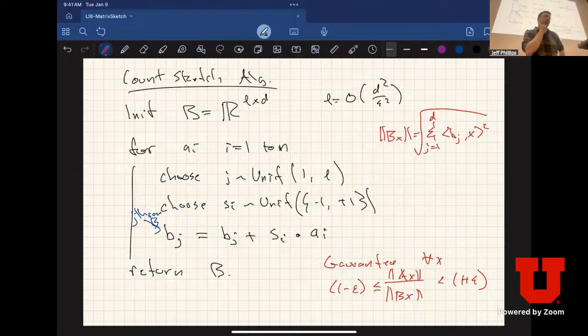And so what's great here is that the key step is this one here. You can speed up the randomness with some pseudo randomness if you really care about it. But this is the key step. I'm basically taking a d-dimensional row and adding or subtracting a d-dimensional row to it.